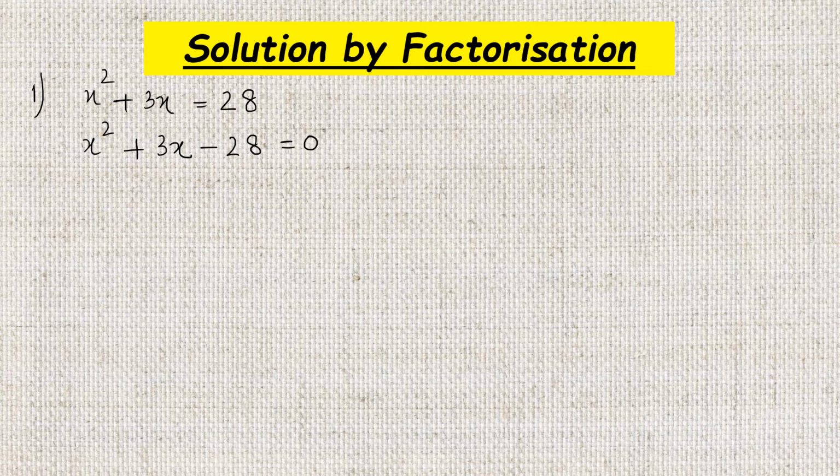Now, which is the middle term here? Plus 3x. What we have to do, what is the value of a here? 1. Here we have 1. What is the value of b? 3. And the value of c is minus 28. We have to split this b is equal to 3 in two numbers such that their sum is equal to 3.